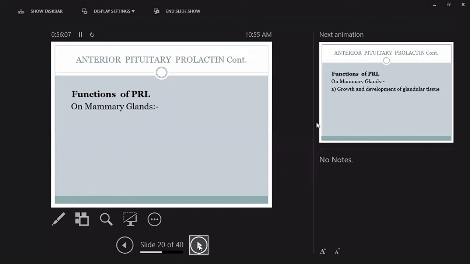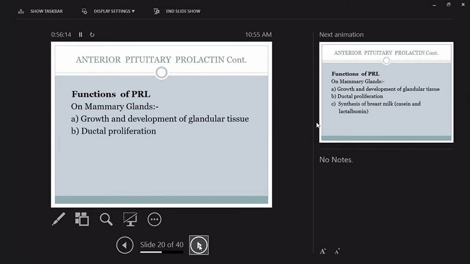Functions of prolactin on mammary glands: growth and development of glandular tissue, and ductal proliferation. Synthesis of breast milk, your casein and lactalbumin.